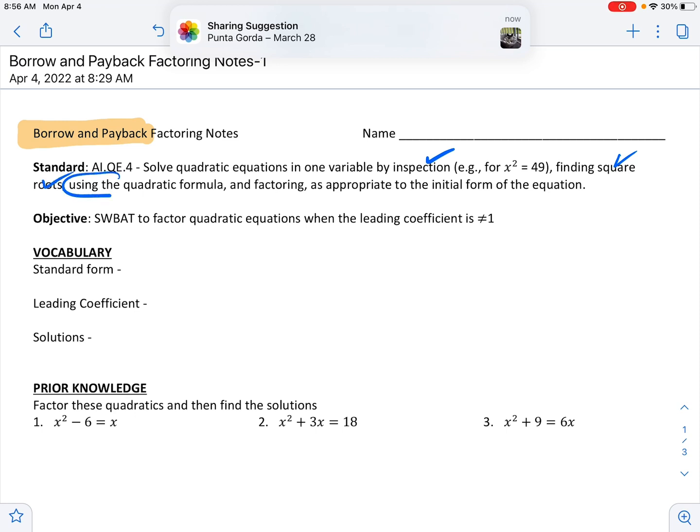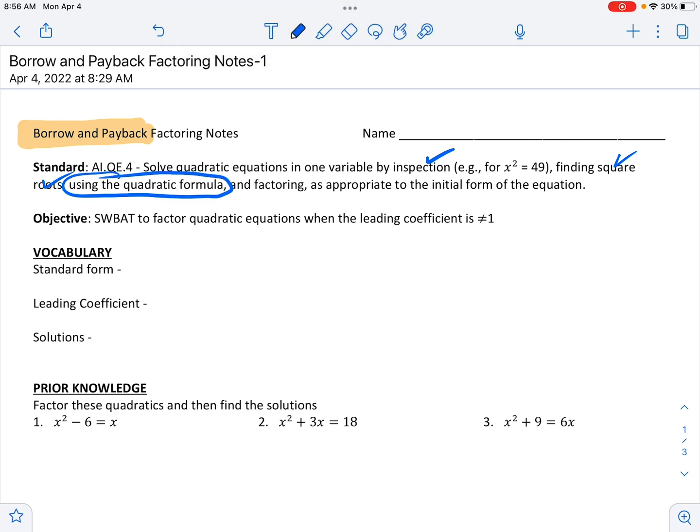We have yet to do the quadratic formula, that'll be next week, but we are focusing on factoring. And it says as appropriate to the initial form of the equation. So we're going to look at it today with the borrow and payback. This is when the leading coefficient is not equal to 1. So we use this strategy when the coefficient is not equal to 1.